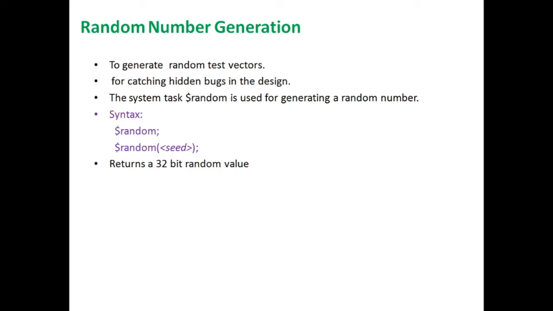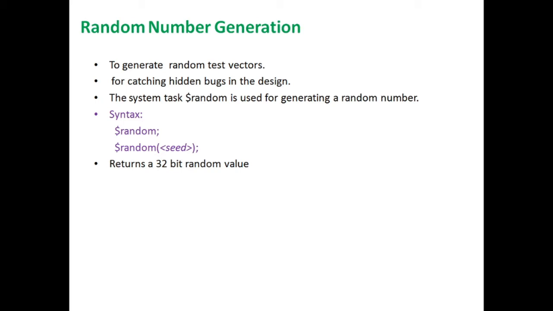The purpose of using the seed is to ensure the same random number sequence is generated each time the test is run. For example, $random of 2, with whatever value you give. For my 4-input design, $random may generate in decimal 4, 7, 11, 14, like that.